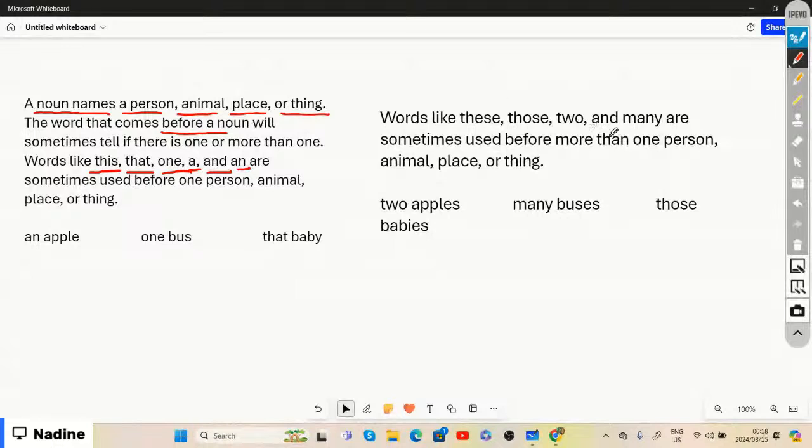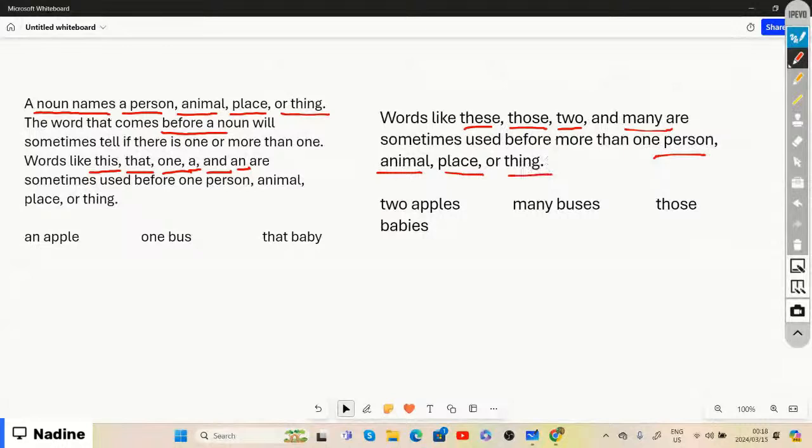When we use words like that, it's used before more than one person, animal, place, or thing.